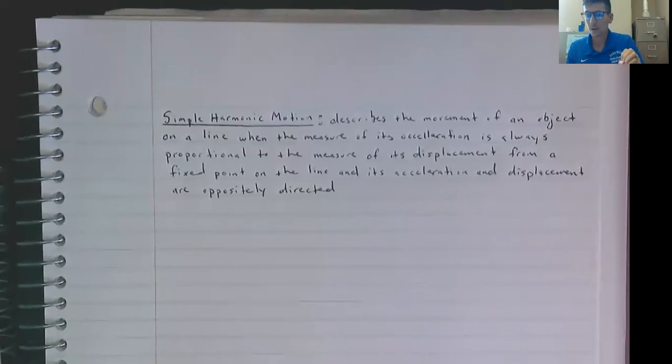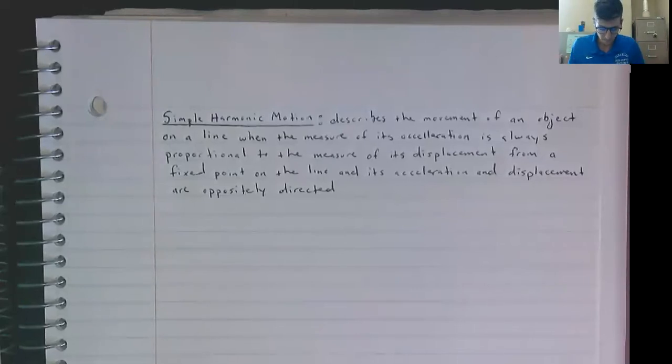And in addition, the acceleration is oppositely directed from the displacement. So it's always working in the opposite direction from where your object is in relation to the fixed point. Okay? So if the object is above your line, the acceleration is moving down. If the object is below your line, the acceleration is moving up.